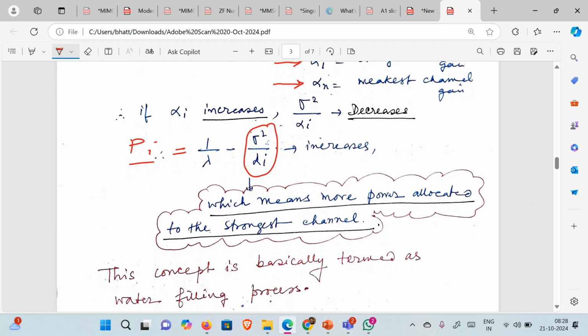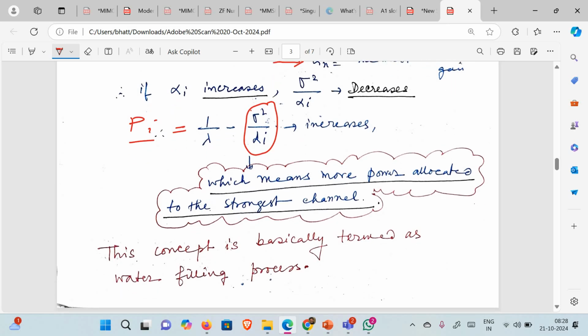So if this portion that I have circled is reducing, naturally my subtraction will increase. That means my Pi will increase for that particular channel, which means the final outcome is that more power is allotted to the strongest channel, and the weakest channel will have the weakest power. That's all. So the concept is basically termed the water filling process.